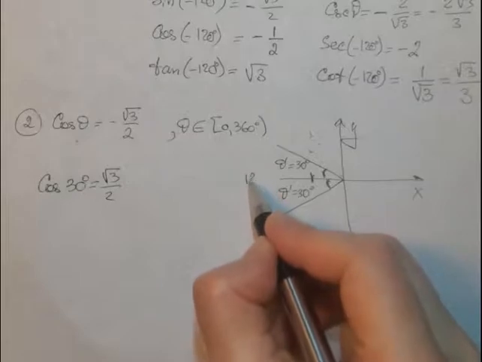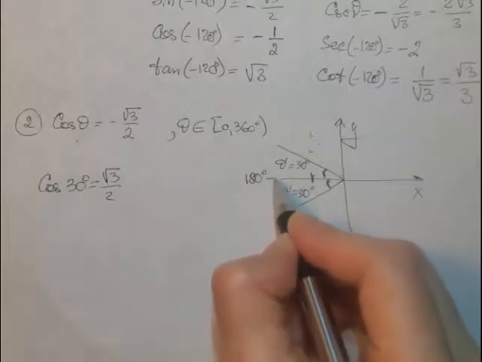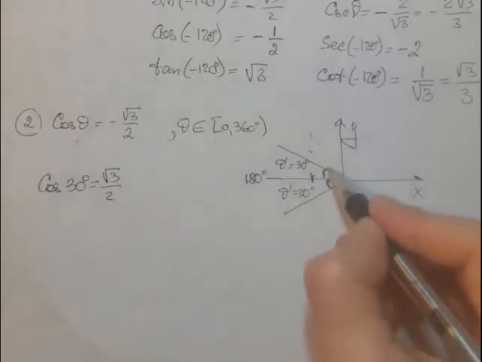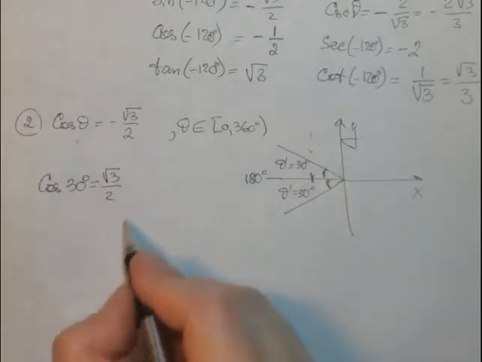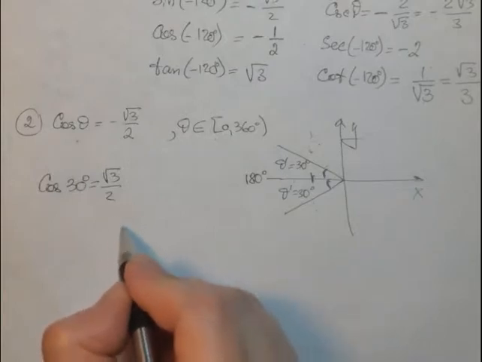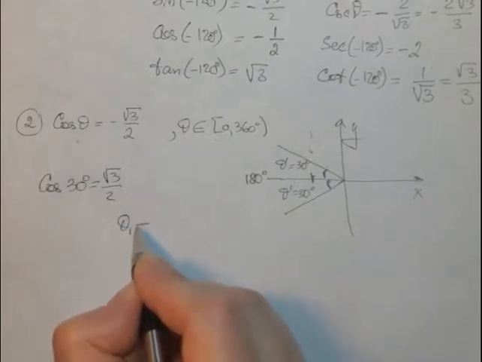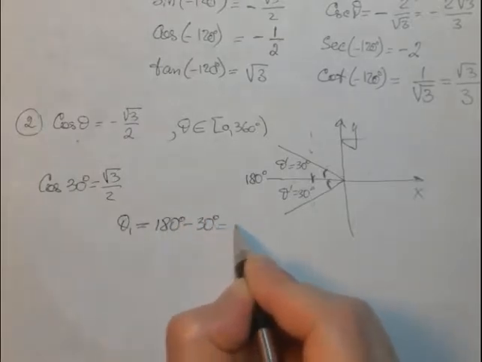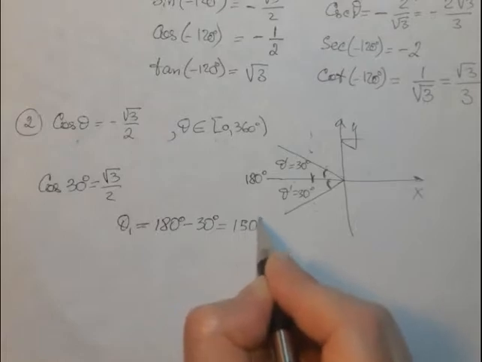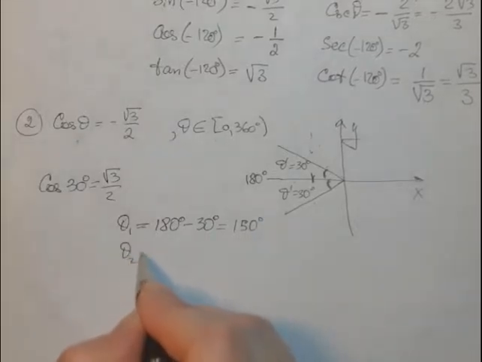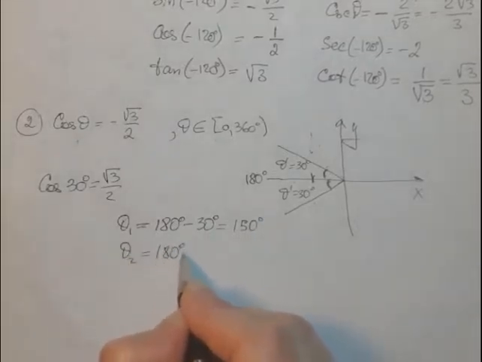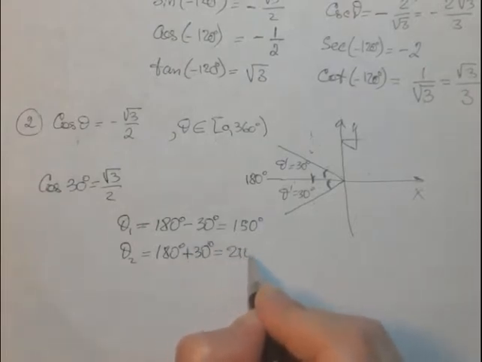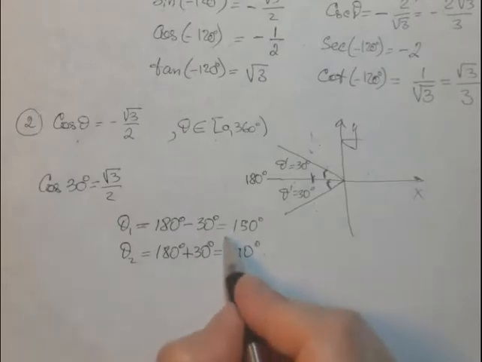On the x-axis, we have 180 degrees. So these two angles that we want to find will be the first, 180 minus 30 degrees or 150 degrees, and the second, 180 degrees plus 30 degrees or 210 degrees.